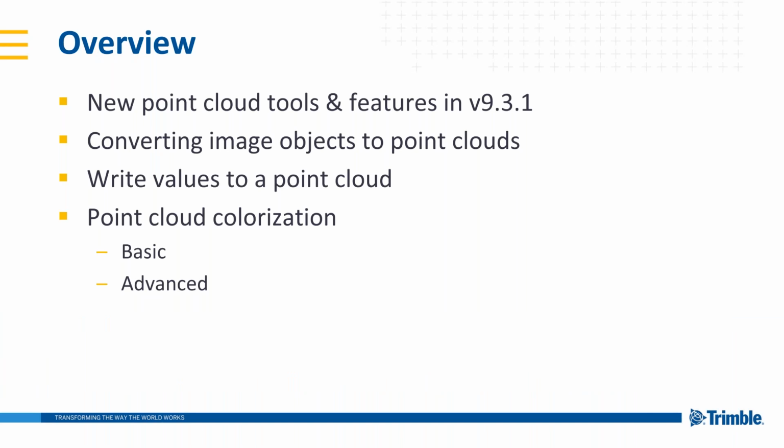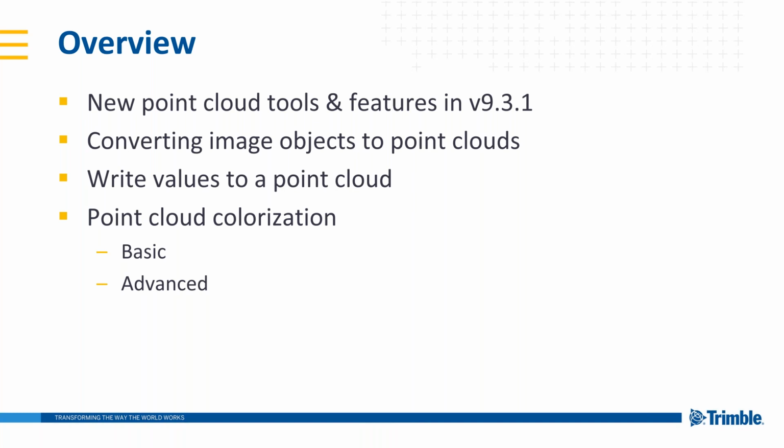We're then going to look at how we can convert image objects to point clouds directly within Developer, and how we can write values from various features directly into our point cloud. Finally, we're going to look at point cloud colorization, with several basic and advanced methods for doing it within Developer.